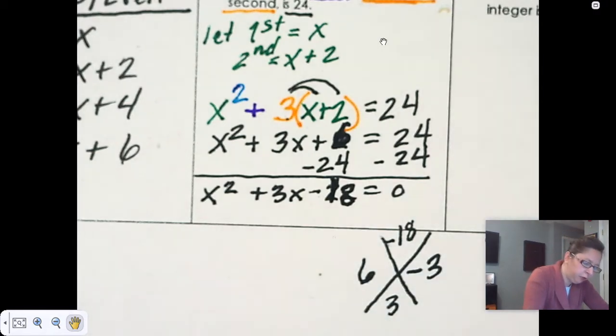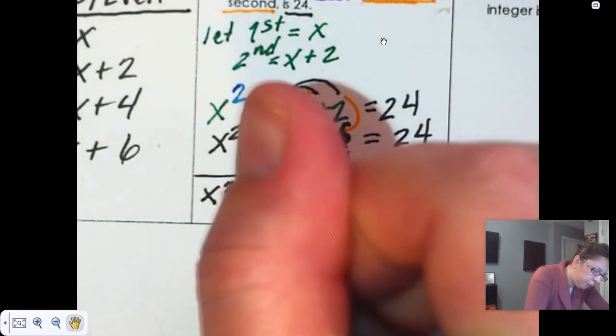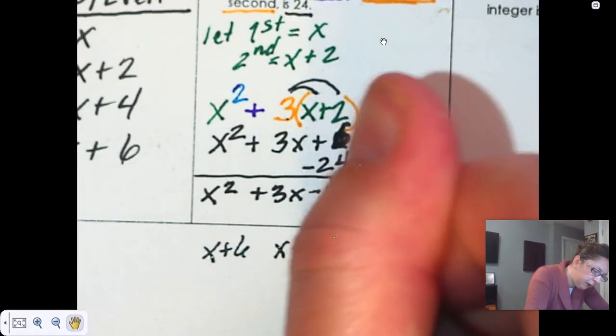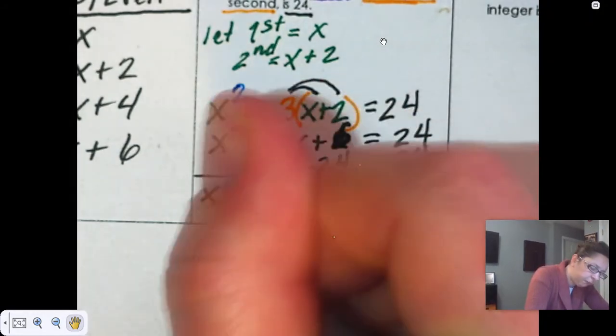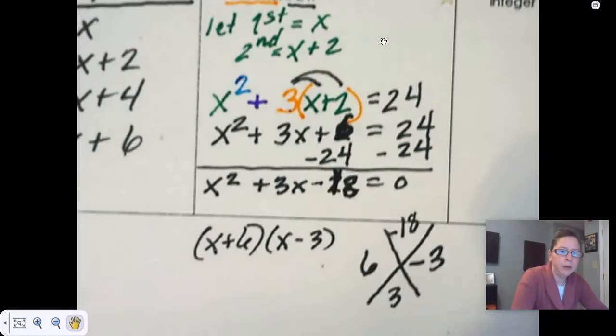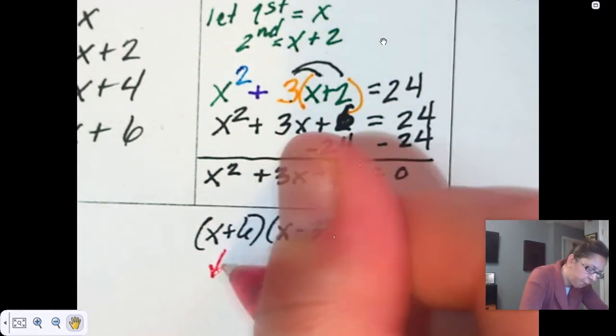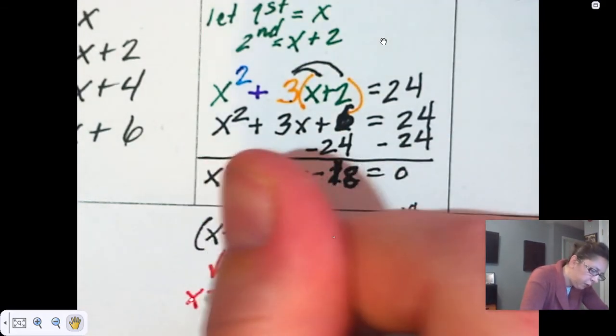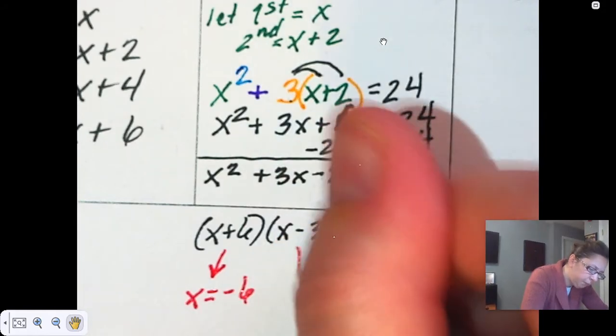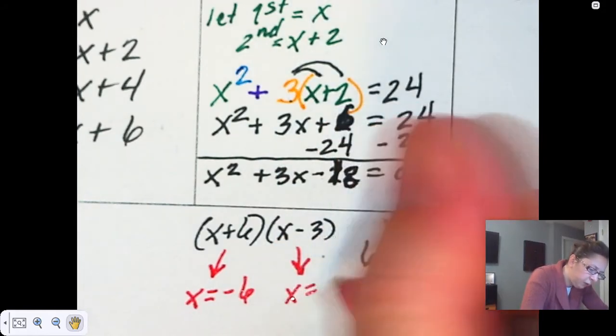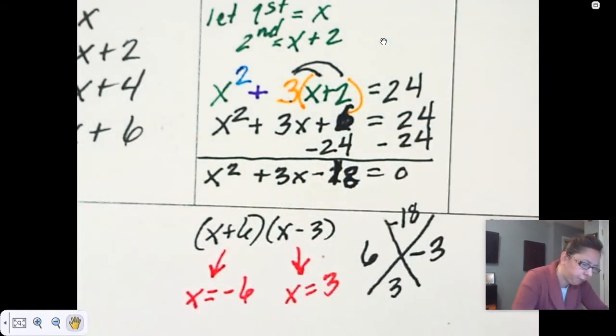So my two factors are x plus 6 and x minus 3. All right, and now if I applied the zero product property to each of these factors, this would be x equals negative 6, x equals positive 3.